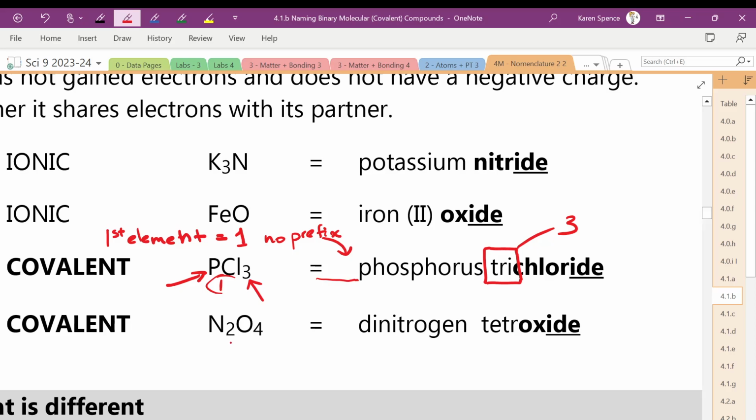What if we have 2 of the first element? Do we use the prefix? Yes. So if we have 2 or 3 or 4 or 5, etc., for the first element, yes, prefix.